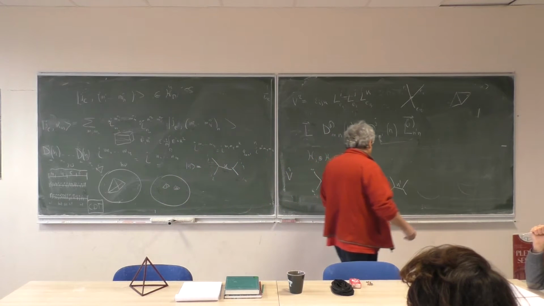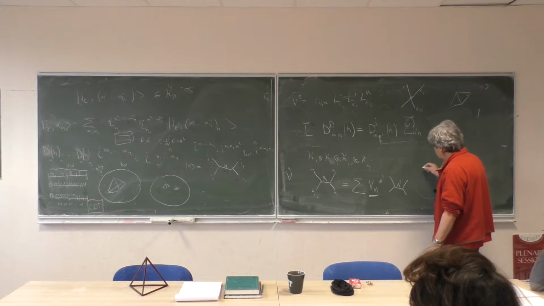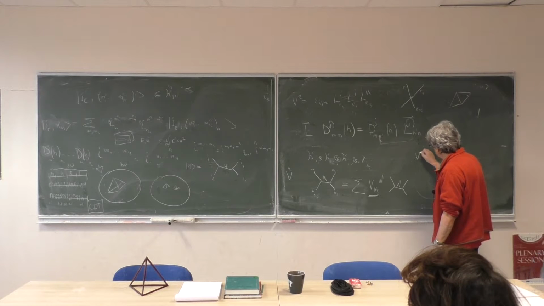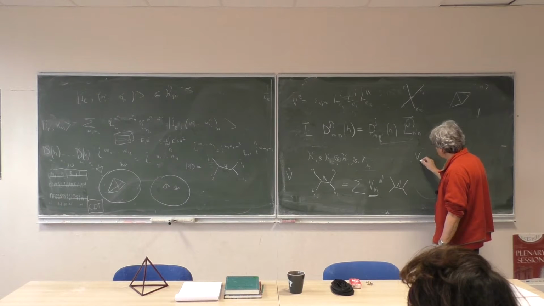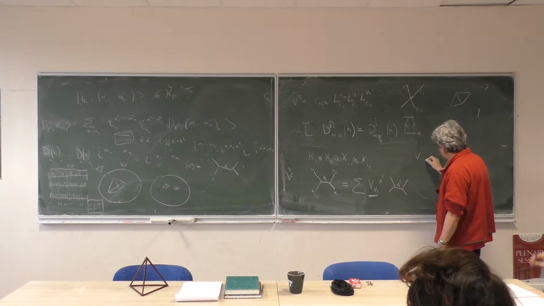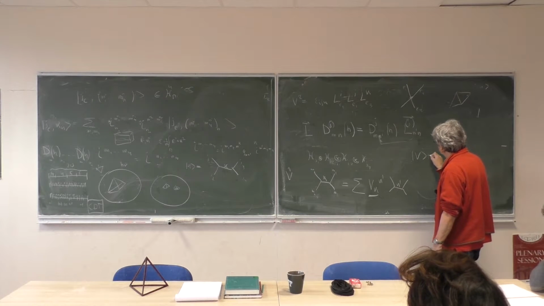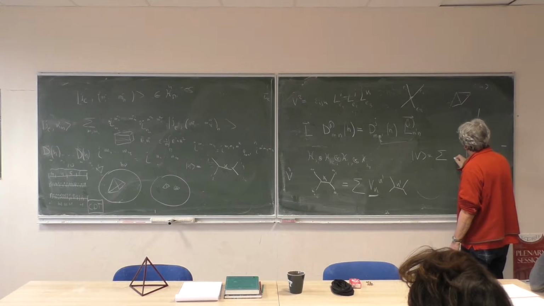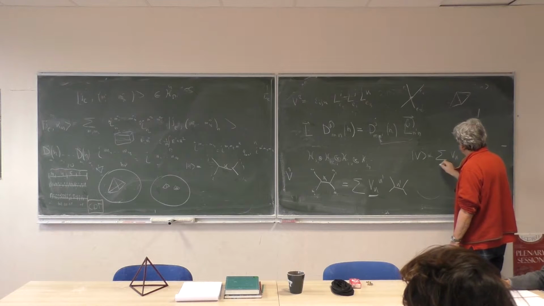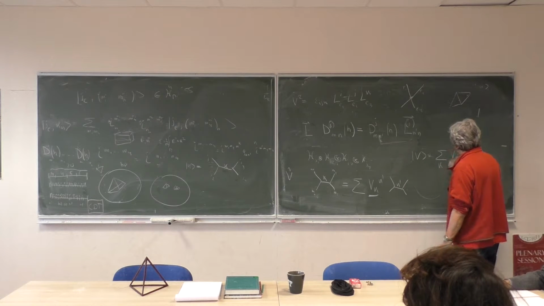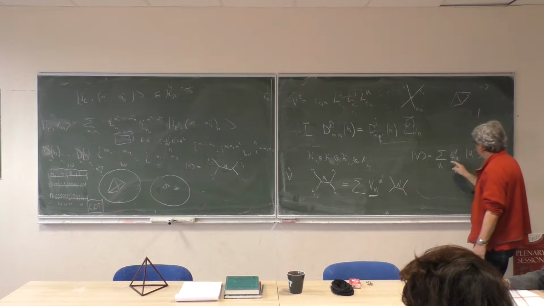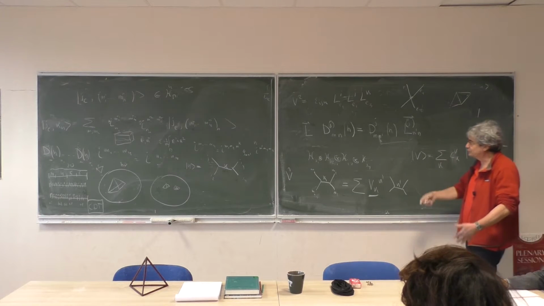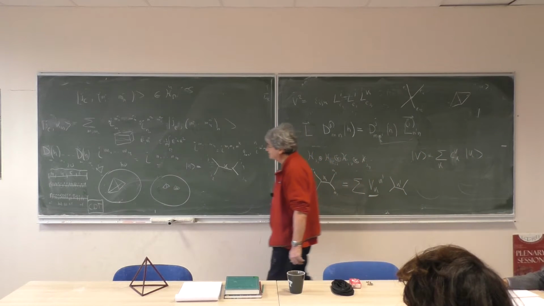But then, let's call the eigenvalue of the volume v. Then there are states |v>, which are just a linear combination of the states |K>, with coefficients c_vK that can be computed through this machinery.